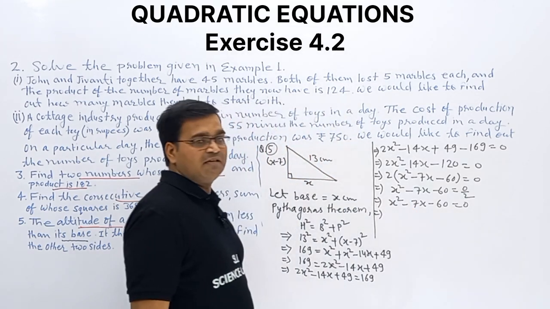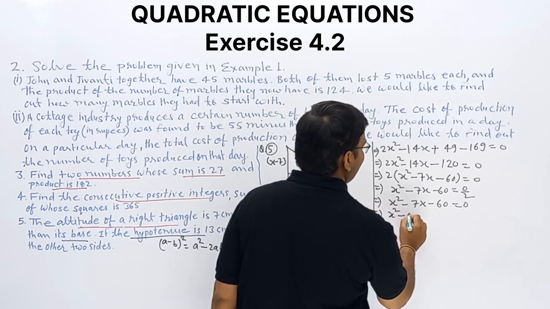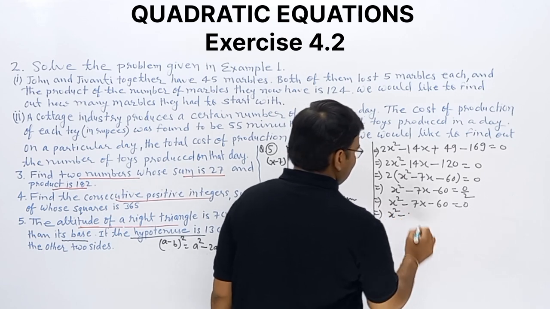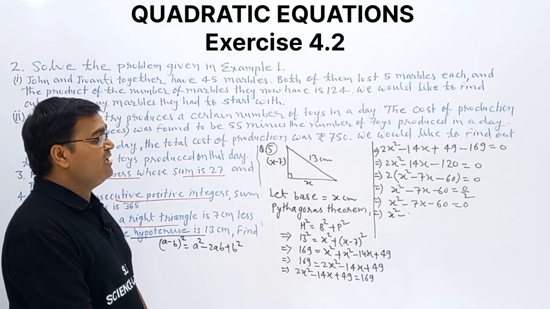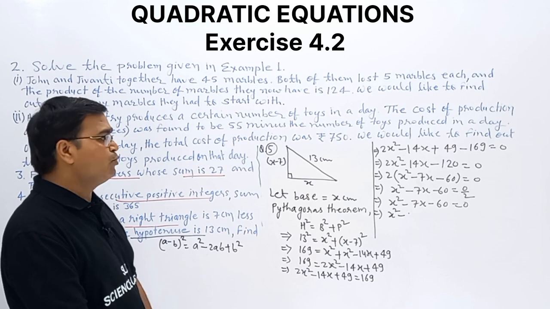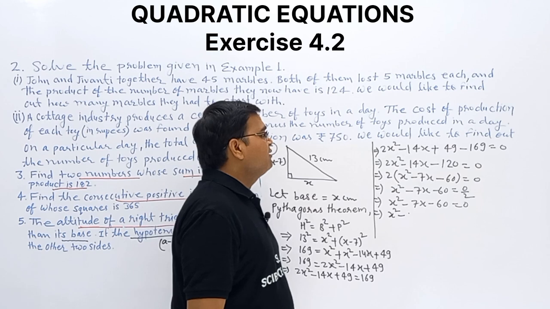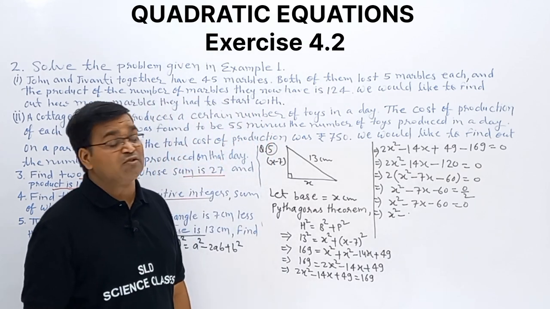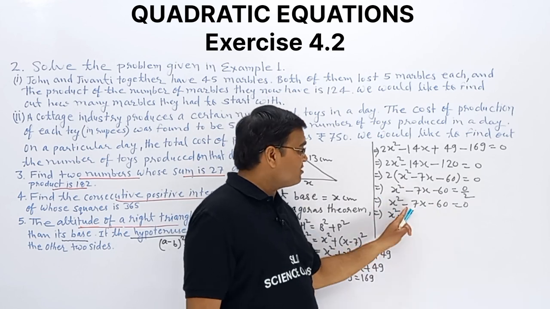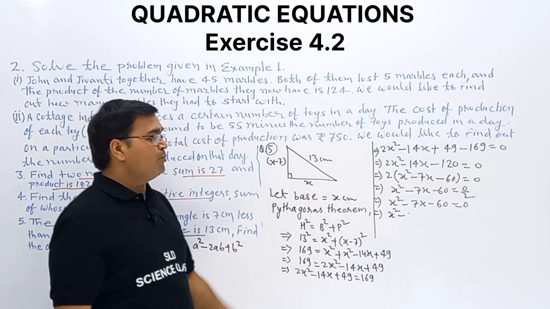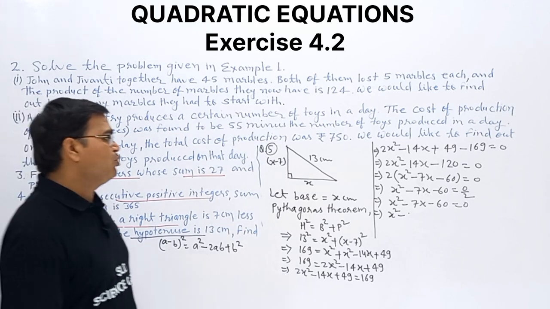Now split this one and factorize. 7x should have two parts, and the product should be minus 60x square. The sum should be minus 7x and the product should be minus 60x square. Observe, 12 and 5.